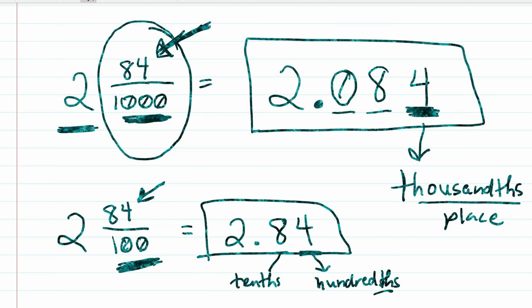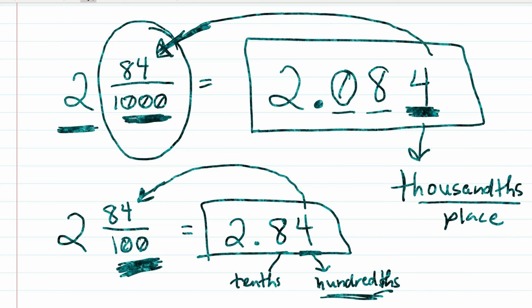Just remember the rule that says if you have the fraction over 10, 100, or 1,000, when you write it as a decimal, that last digit has to be in the place that the denominator says, which is the hundredths for this one. If you look back at the example above, the 84 over 1,000, then that 4 has to be in the thousandths place because the denominator says so. So that's why we added a 0, and now the 84 and the 4 can be written in the thousandths place.